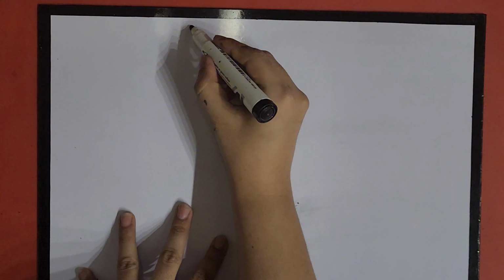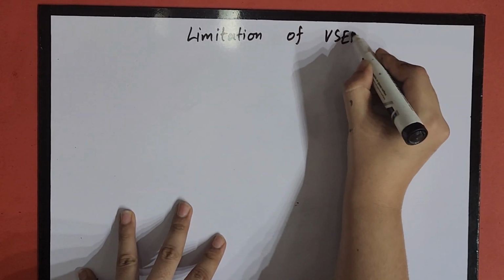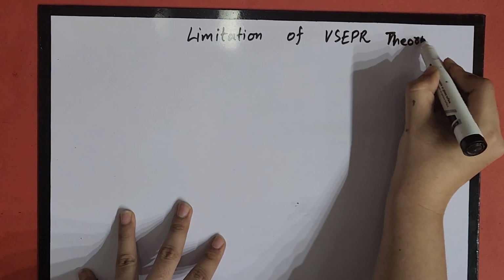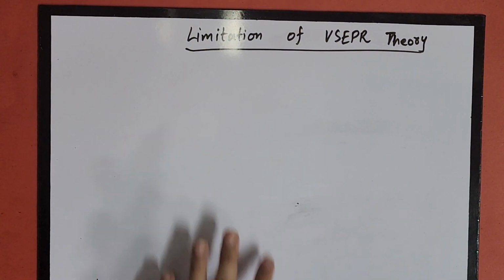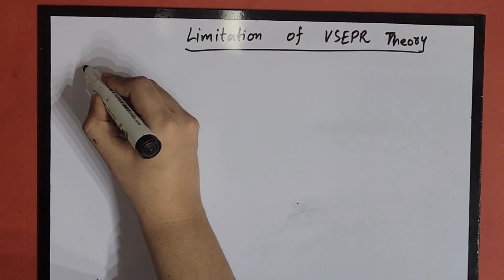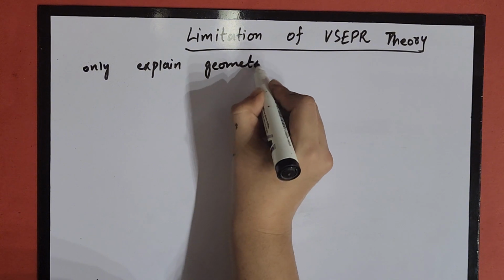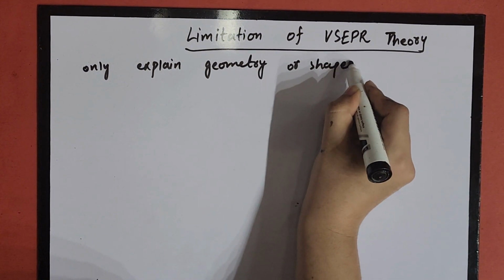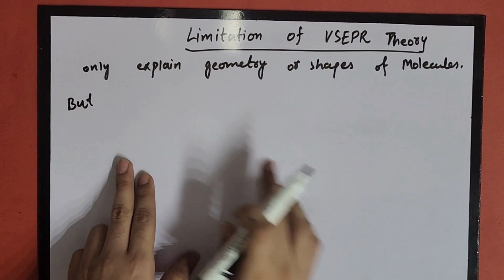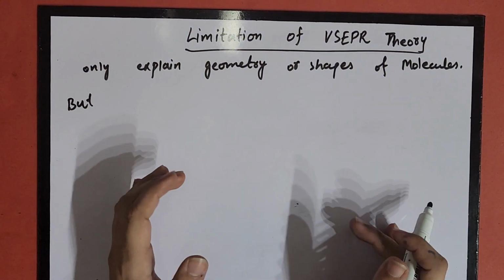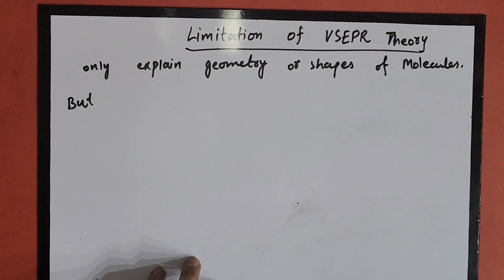So the first limitation is that VSEPR theory basically predicts and explains the shape of molecules only, but does not give the reason for the formation of bonds. It only explains the geometry or shapes of molecules. But this theory does not explain why this geometry has happened, what the arrangement is, what the formation of bonds is.